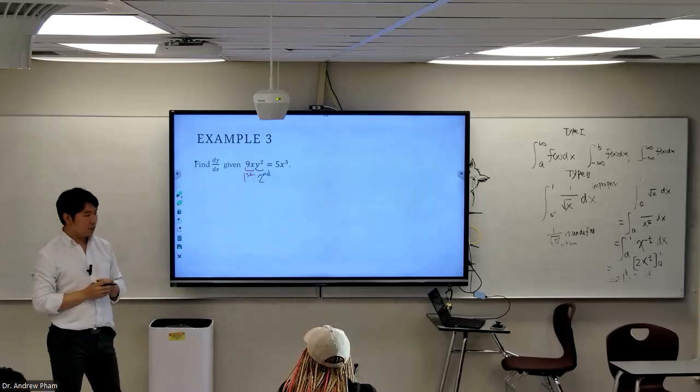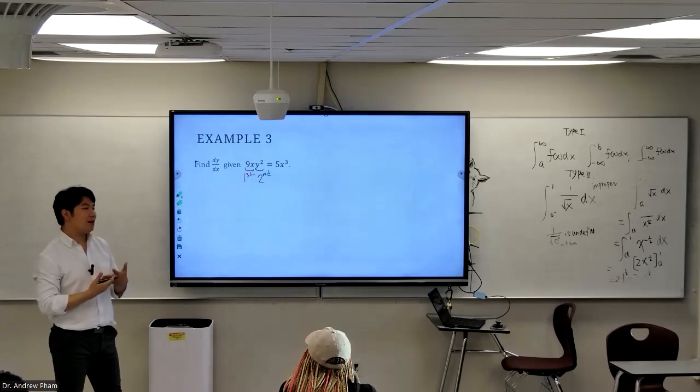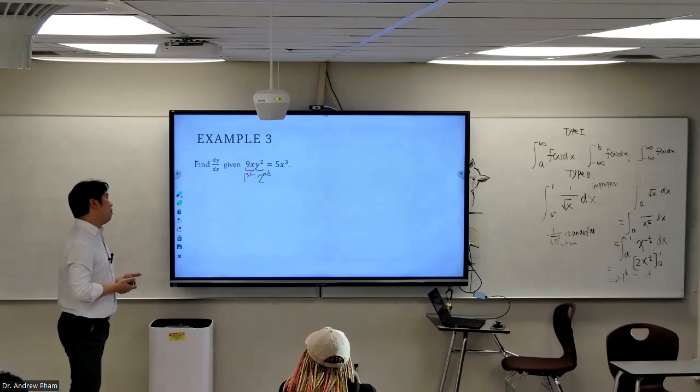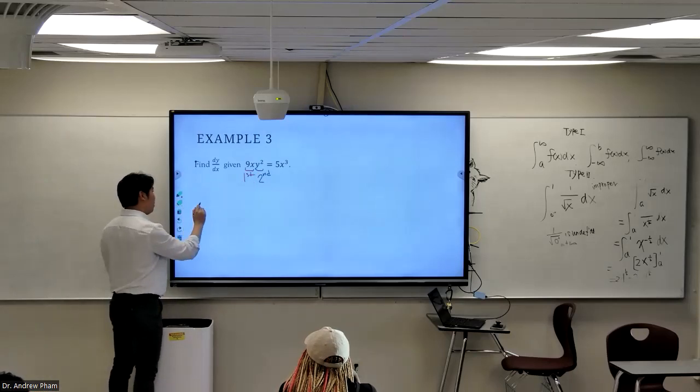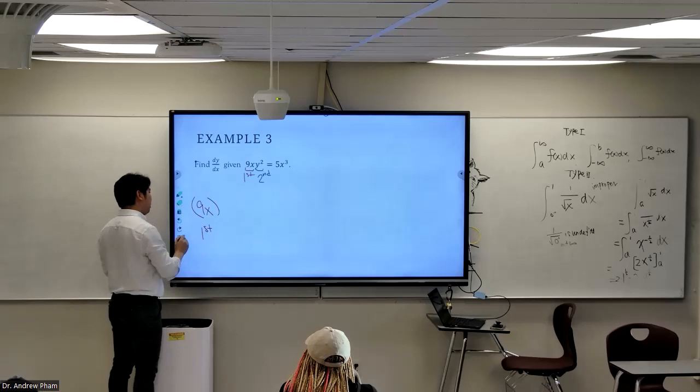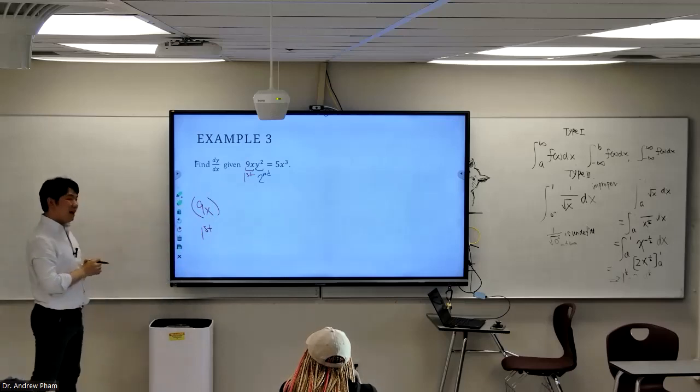First d second plus the second d first. So following through with product rule, I have the first, 9x, not a problem. Next is d second. What is the derivative of y squared?